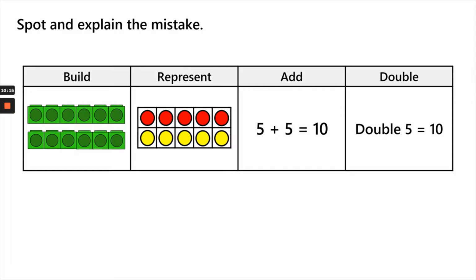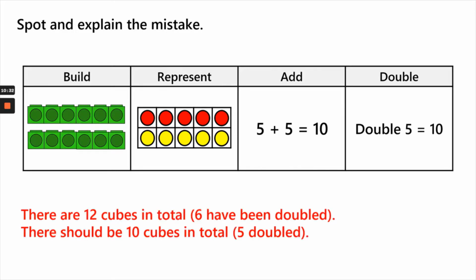And what about if we built 5 add 5? If we used our cubes in the classroom, would it look like that? How many equal groups of 5 do we need when we're doubling? Well done if you got that.